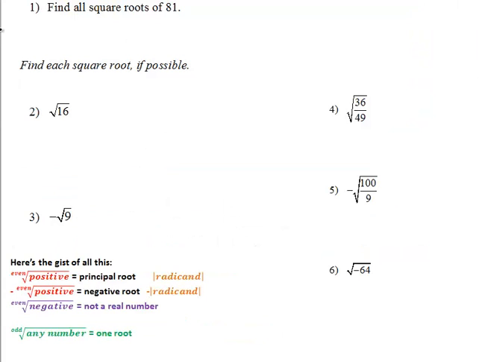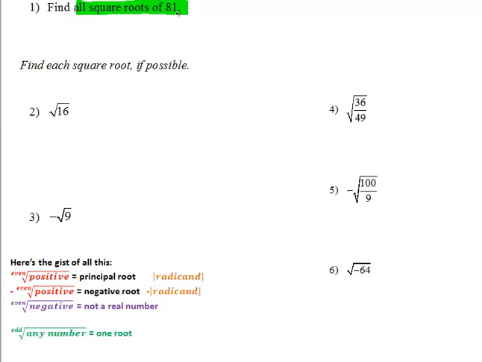So here are some exercises. Here it's asking us to find all the square roots of 81. If you're not too good at roots at this point, I do have a chart I can get to you that will help, but it's a good thing to know at least your basics.